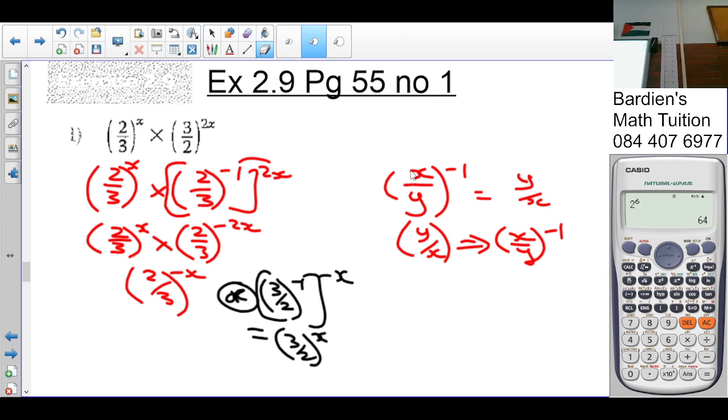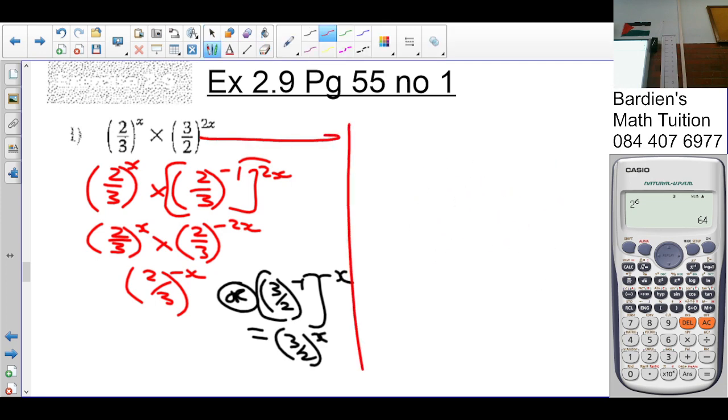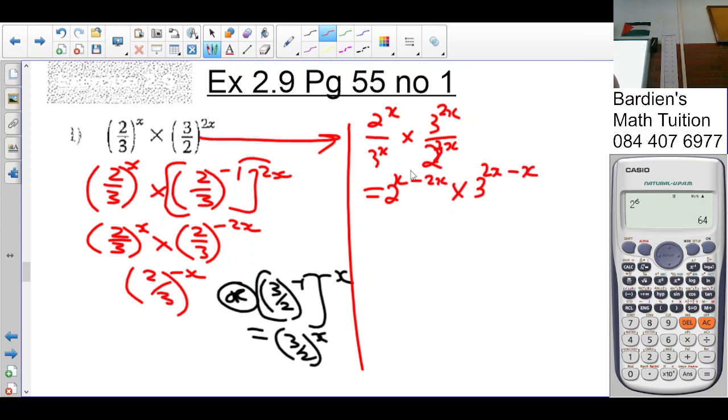Otherwise, what we could have done was, let's take that thing and multiply the exponents up. So that will be 2 to the x over 3 to the x times 3 to the 2x over 2 to the 2x. When we divide, bases are the same, we subtract the exponents. So it's going to be 2 to the x minus 2x times 3 to the 2x minus x.